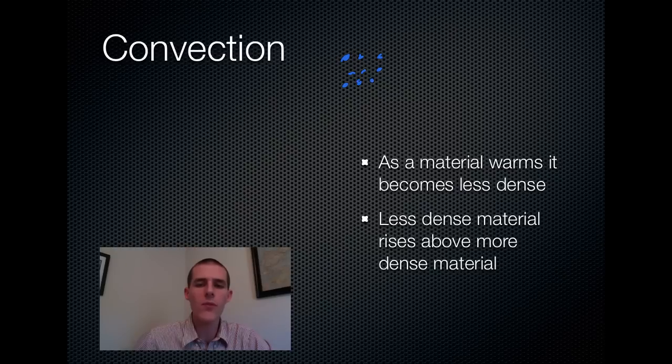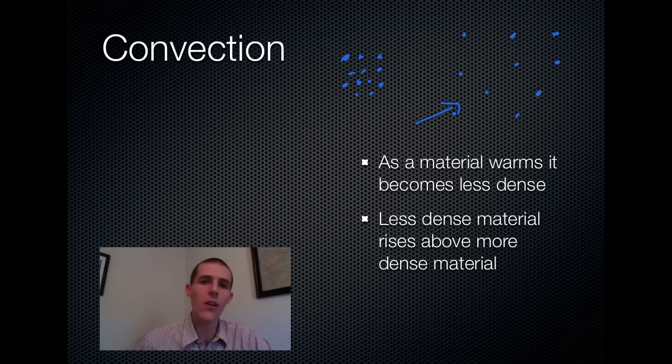They're not moving very fast, so they just snuggle up together. As you heat this up, all of our little atoms start to move around quicker and quicker, and as they move around, they spread out. They need more room, so they're not nearly as close to each other. This material that has just heated up is now less dense because its atoms are not as tightly packed.